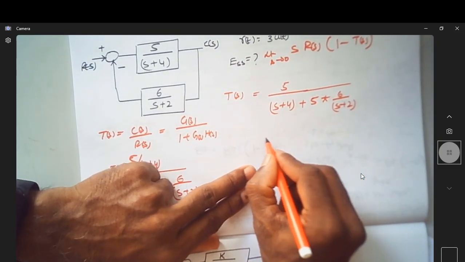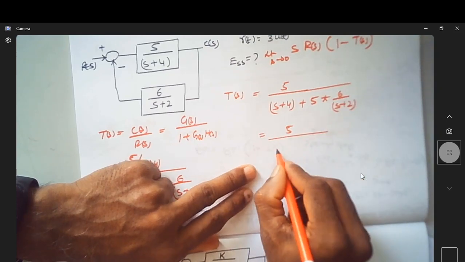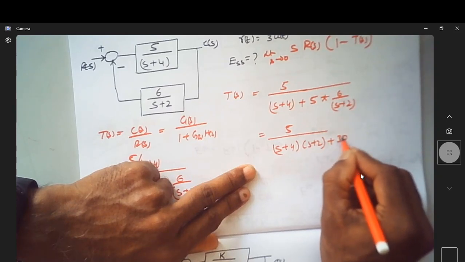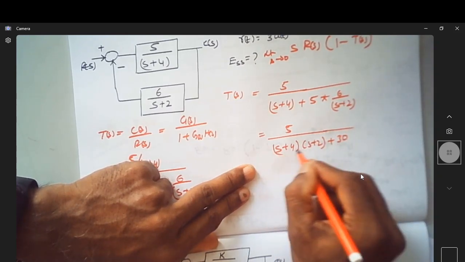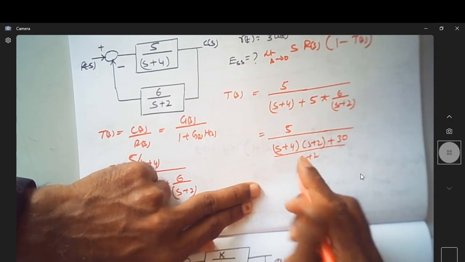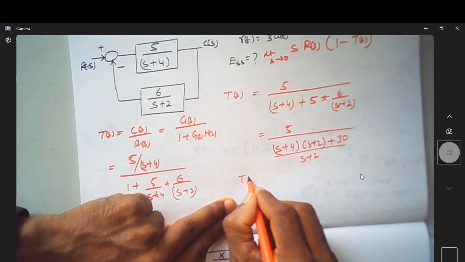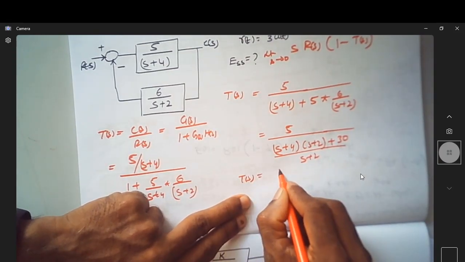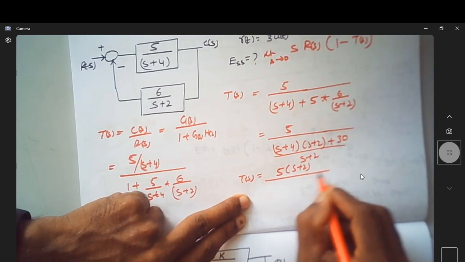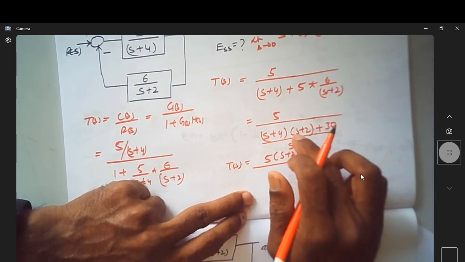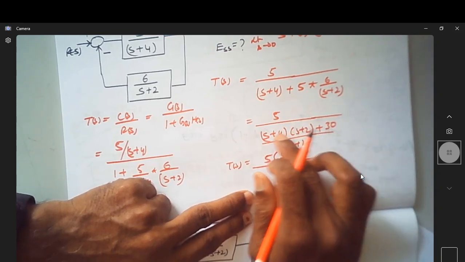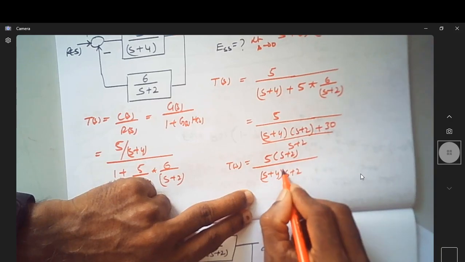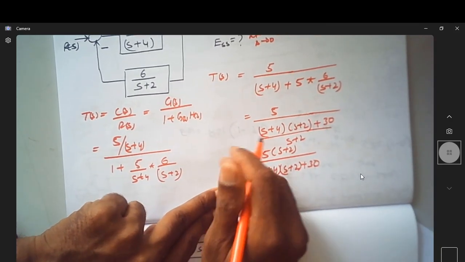Take the LCM: this becomes 5 by s plus 4 into s plus 2 plus 30, whole divided by s plus 2. This s plus 2 will go on top. Upon doing the calculation, you get the same thing: 5 into s plus 2 divided by s plus 4 into s plus 2 plus 30. This is my transfer function.